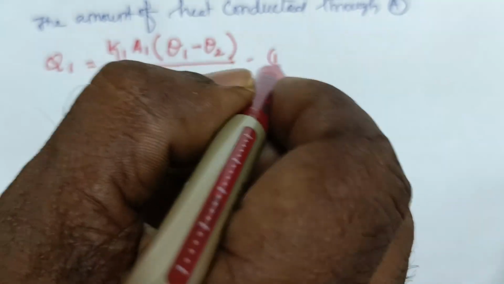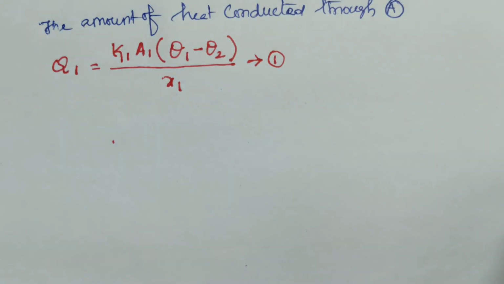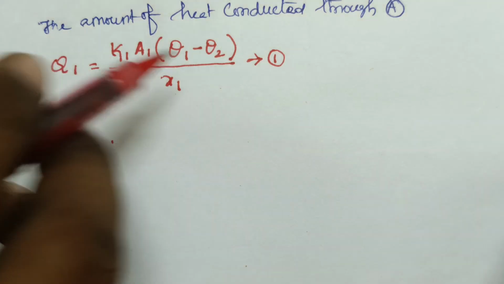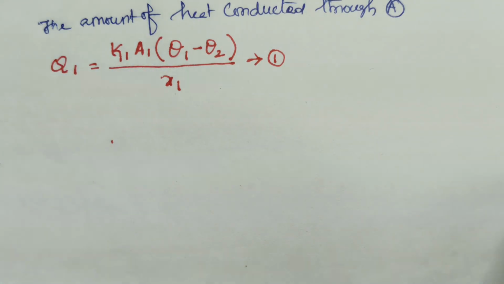This is equation number 1. Here there are only two different temperatures, theta 1 and theta 2, so theta 1 minus theta 2.